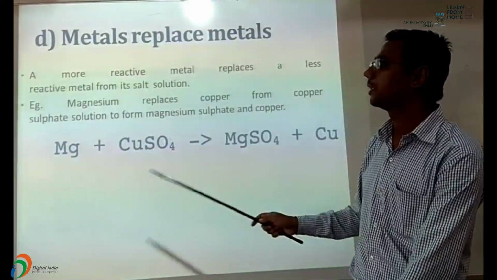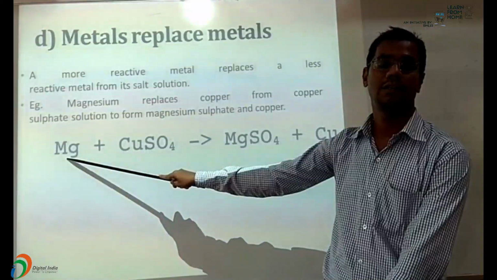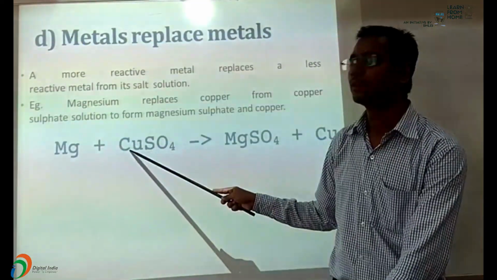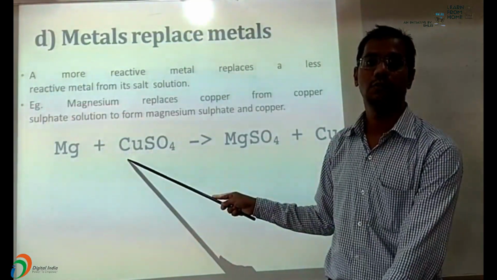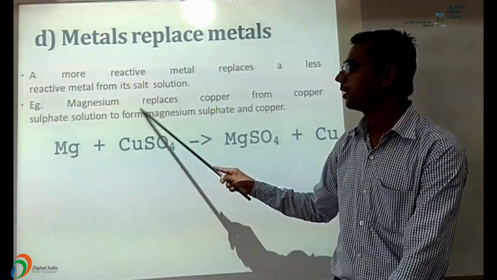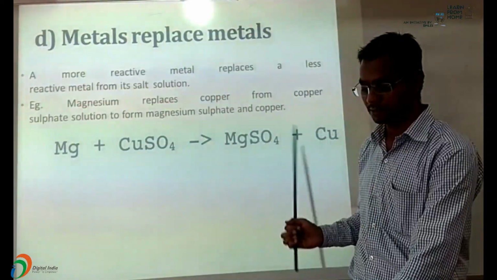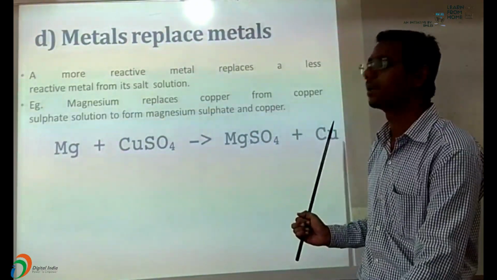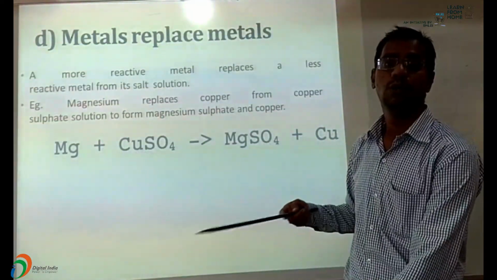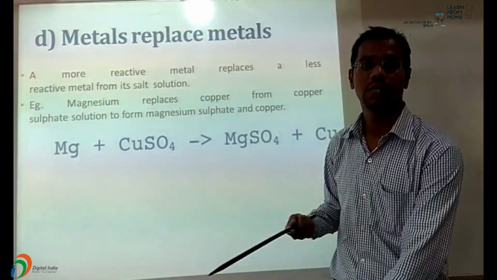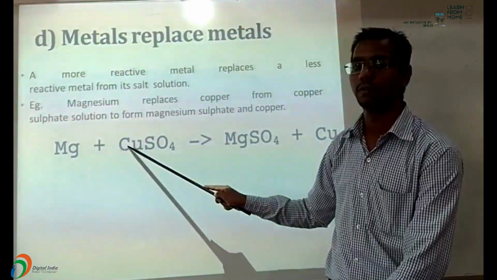Okay, so this is magnesium. It is a highly reactive metal, while copper is a less reactive metal. It means magnesium can easily displace copper to form MgSO4 plus copper. So we want to cross check whether this is highly reactive or not.